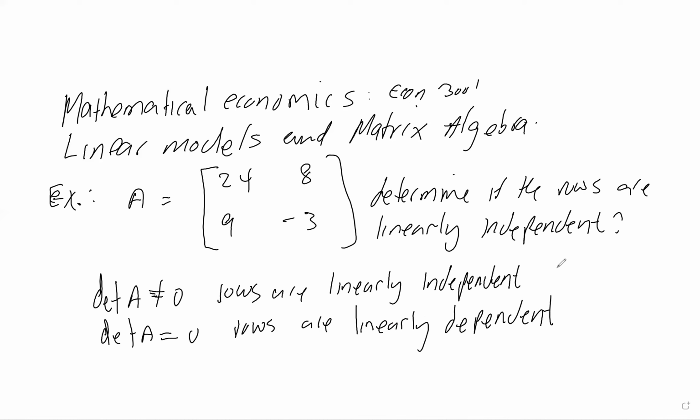So since we have this example, let's take the determinant together. Since we have a square matrix, I think I went into detail before on how you calculate the determinant, but I'm just going to go again.